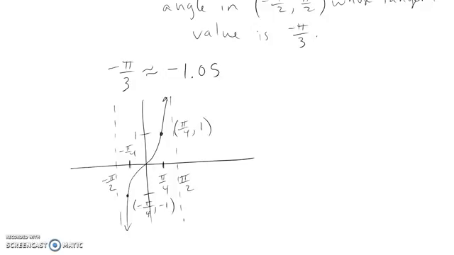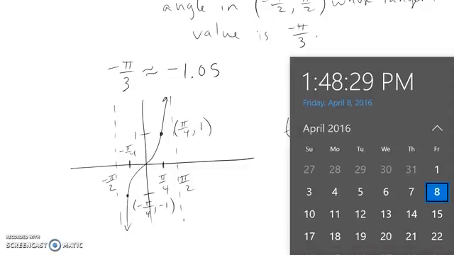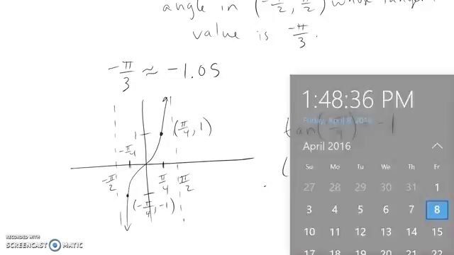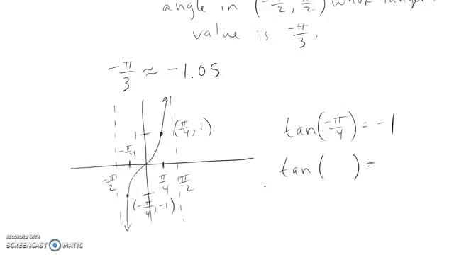So if tangent of negative pi over 4 is equal to negative 1, and we're looking for an angle whose tangent is negative 1.05, it's very close to negative pi over 4.